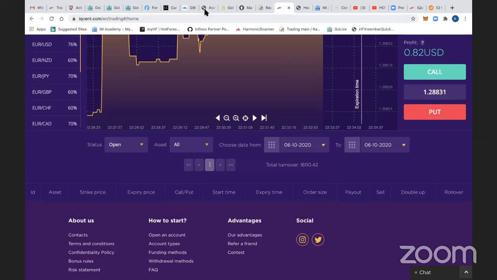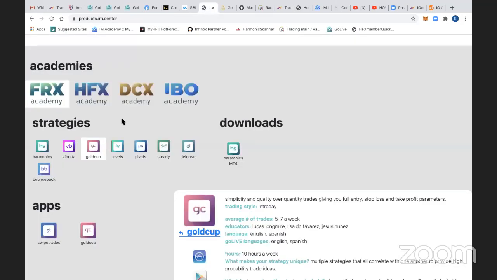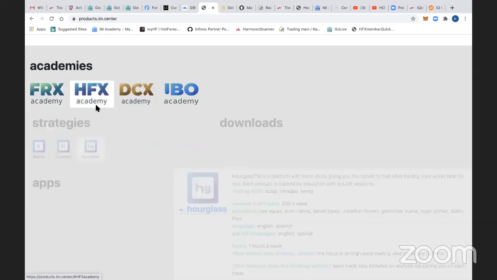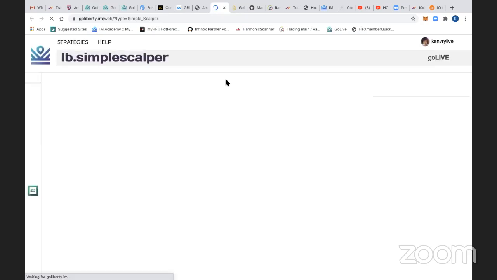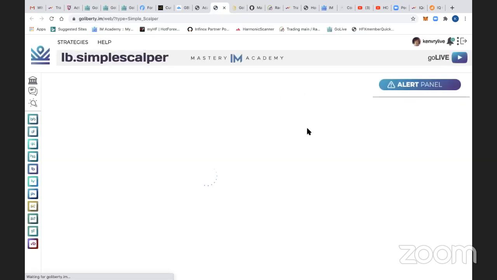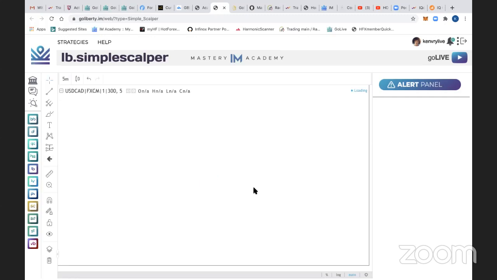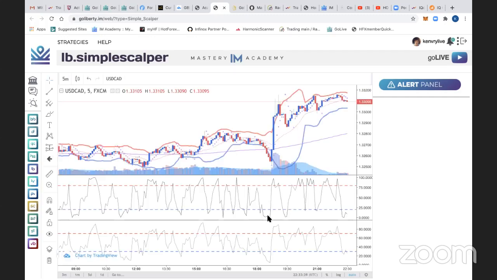Let me just use simple scalper as an example. It's very simple. This is HFX, on Liberty. You see simple scalper, it's already inputted in the system, so it's very easy for you to understand. Since you're not creating it, it's been created for you already. So for simple scalper, you just need a few confirmations.